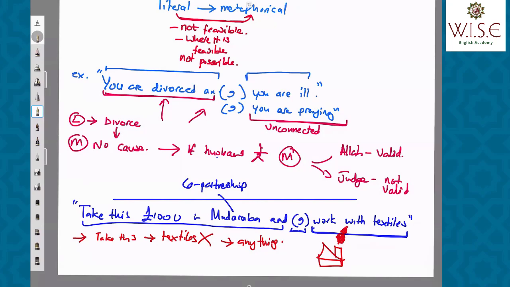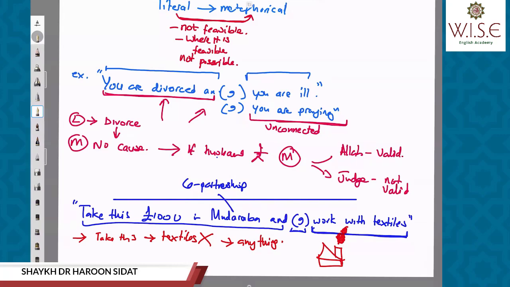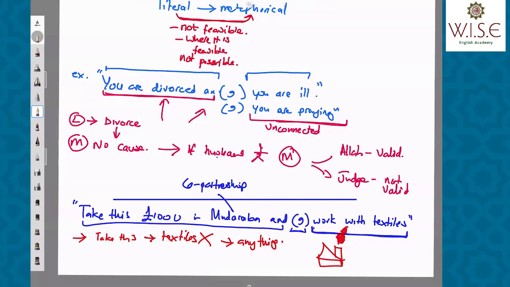Anyway, why is that? Well, the textile industry doesn't have the capacity, from contextual indicators, for a joint venture with £1,000, because £1,000 will be given before the business begins.